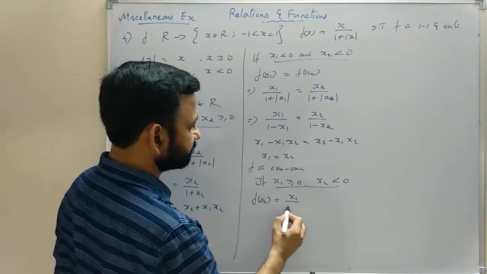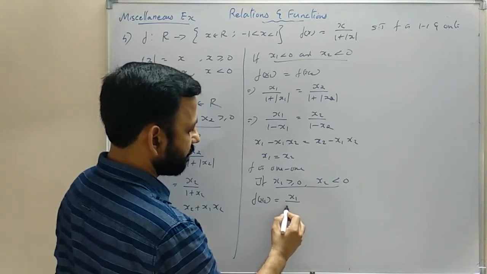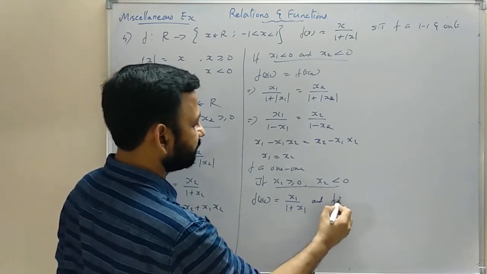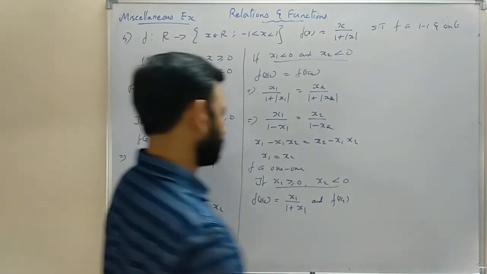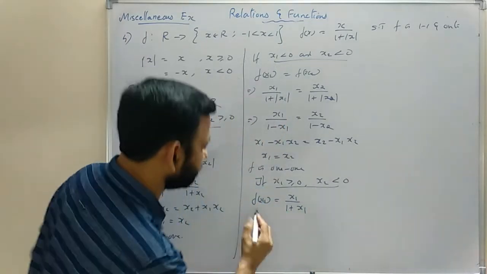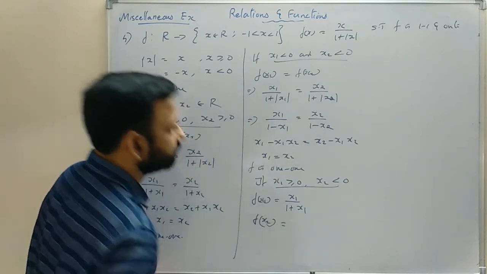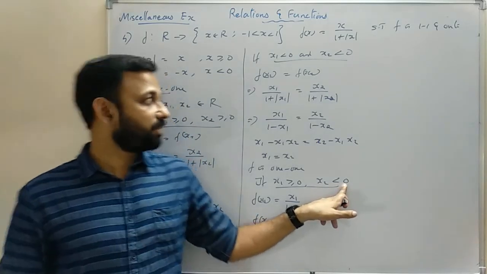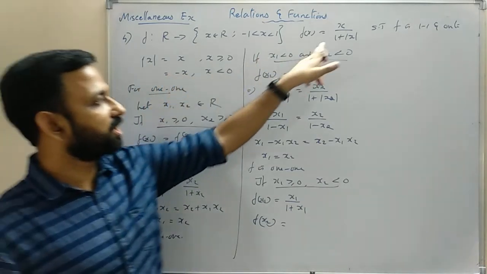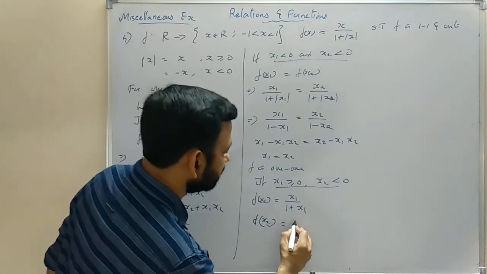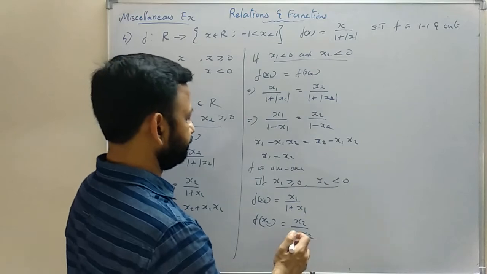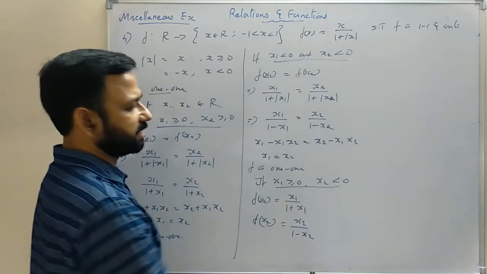So f of x1 is x1 upon 1 plus x1. And for f of x2, x2 is less than 0, so modulus of x2 is minus x2. So f of x2 is x2 upon 1 minus x2.